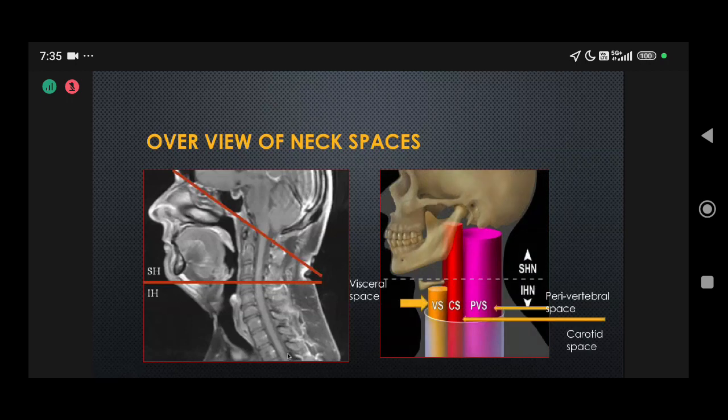And there are spaces which run from cranial to caudal, above the hyoid bone and below the hyoid bone also. So the hyoid bone is the most important landmark. Whenever you are seeing any cross-sectional imaging, please locate the hyoid bone first and see the skull base. Then you will come to know whether you are dealing with a suprahyoid neck space or an infrahyoid neck space.